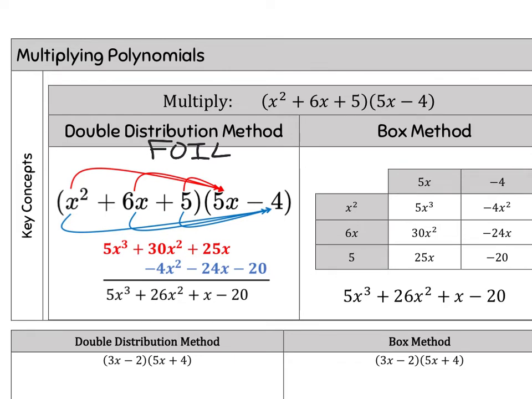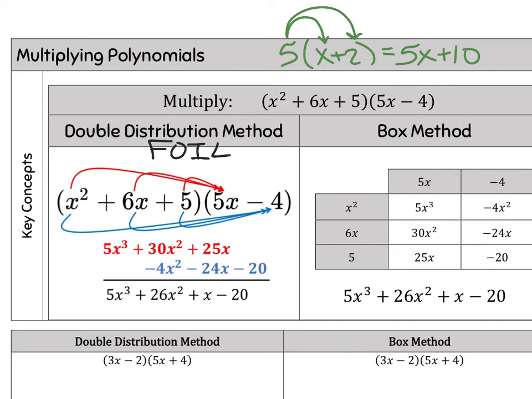Do you remember how when we did regular distribution with a number, it'd be like 5 times a parenthesis? What would you do with this 5? You would multiply it into everything inside, and I would get like 5x and 10. I'd multiply it to everything. What's going to happen is we're going to do that twice. Why? Because it's called double distribution.